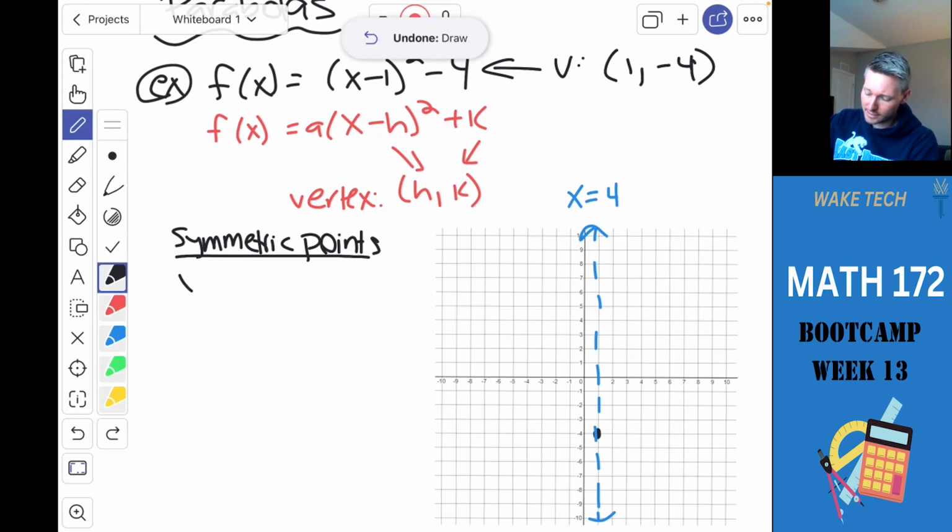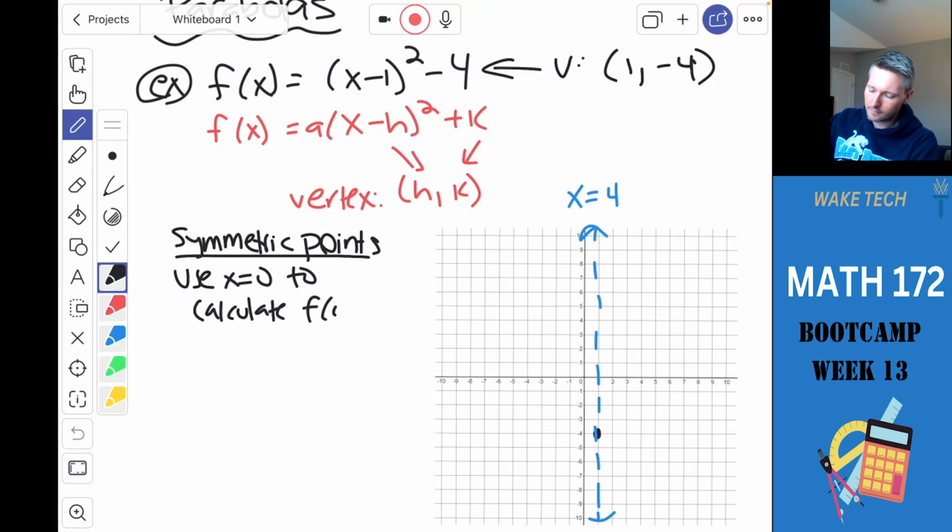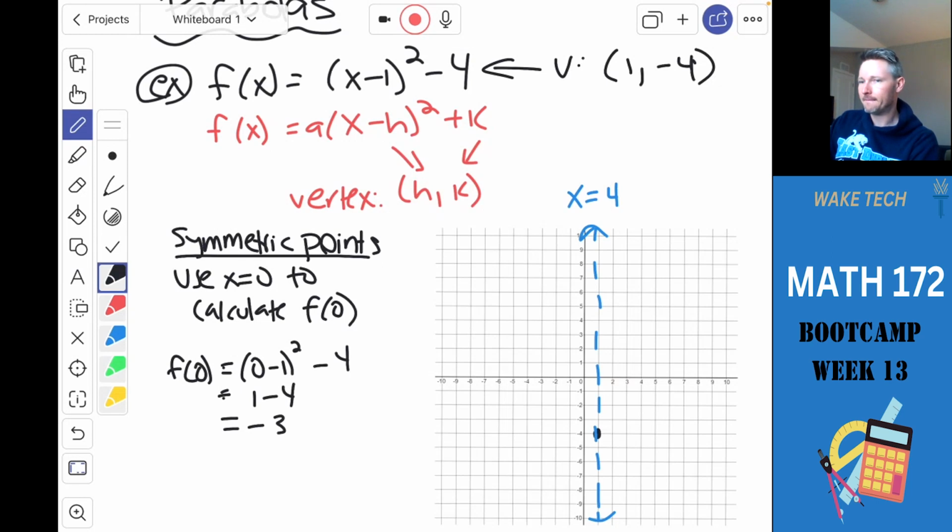Let's use x equals 0 and calculate f of 0. So f of 0 is 0 minus 1 squared minus 4. That's 1 minus 4, which is -3.